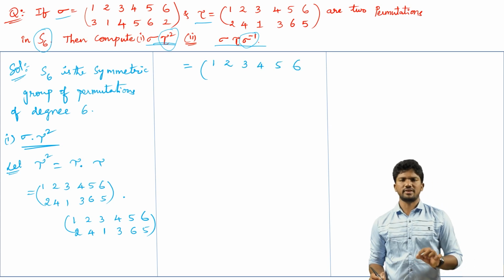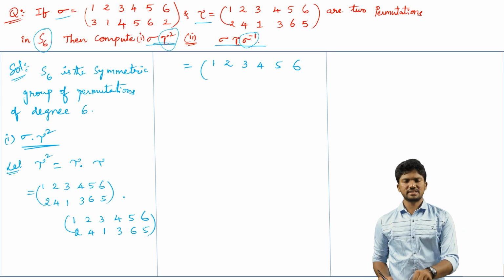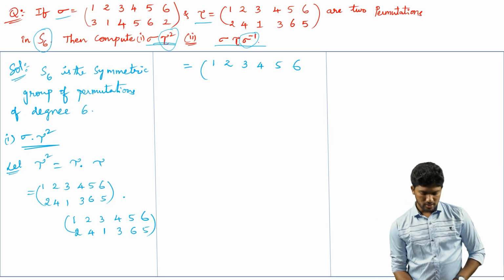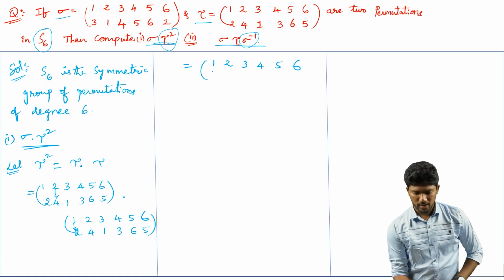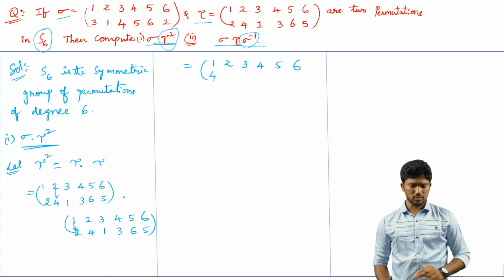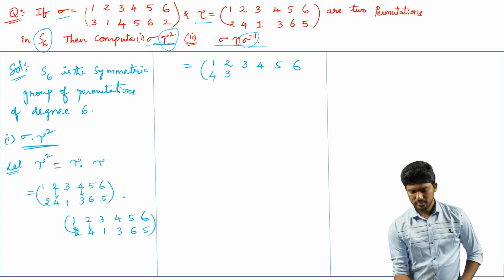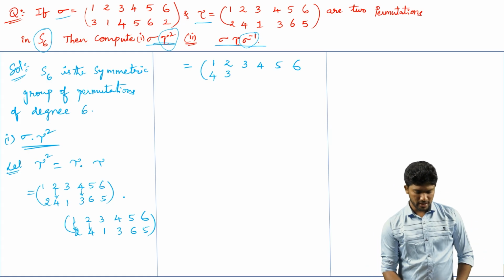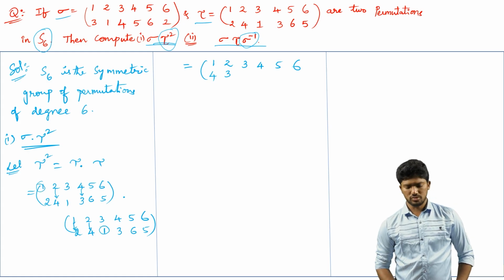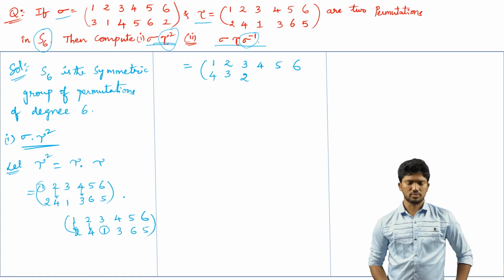Now the images row: here 1 goes to 2 and this 2 goes to 4, therefore 1 goes to 4. Next, 2 goes to 4 and 4 goes to 3, so 2 to 3. Next, here we have 3 to 1 and 1 goes to 2, so 3 to 2.